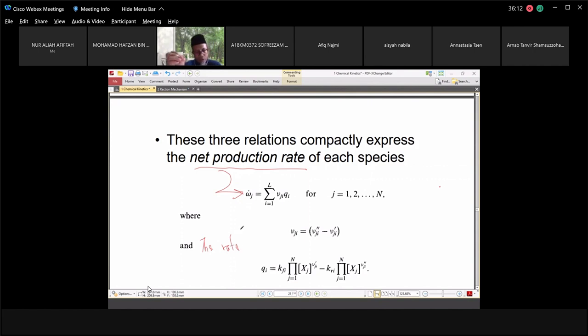Okay, the production rate of each species is called W dot J, and this one, Q, is called the rate of progress variable.